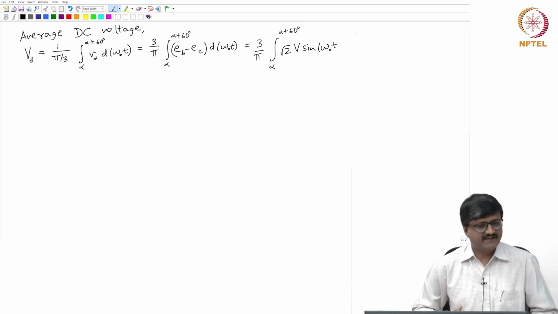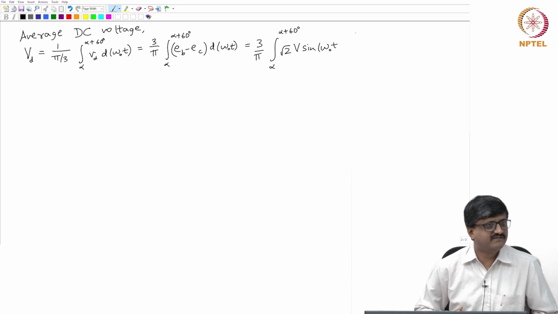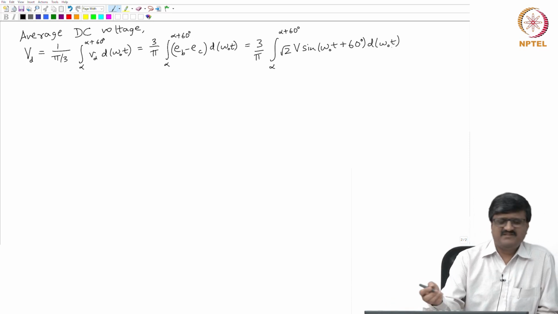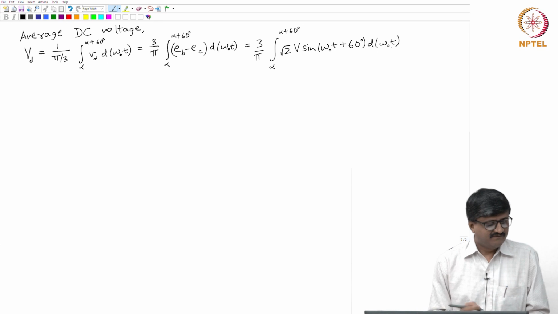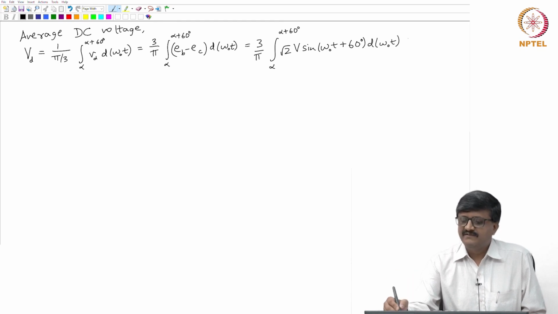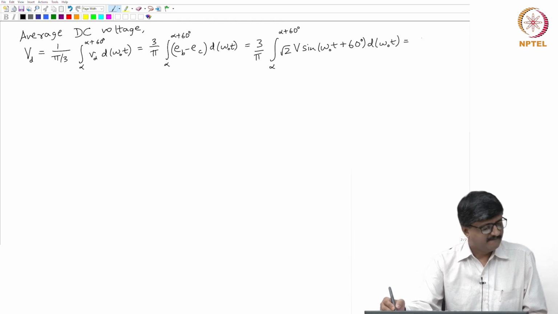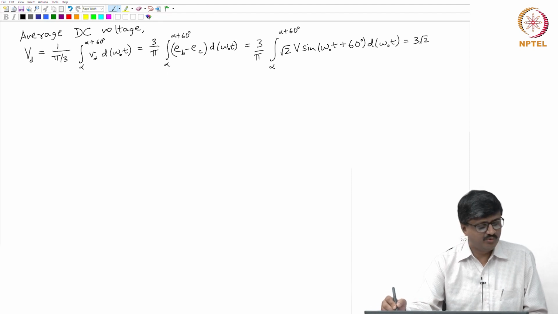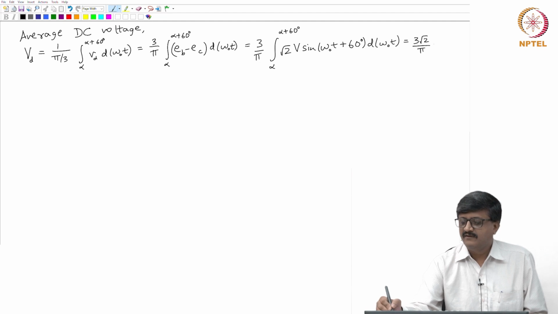Now, can I straight away write the expression for Eb minus Ec? So, what is it? Plus 60 degrees. Yes. Okay, this is straightforward integration. If you integrate this, I will leave it to you to derive this: 3 root 2 by pi V cos alpha.